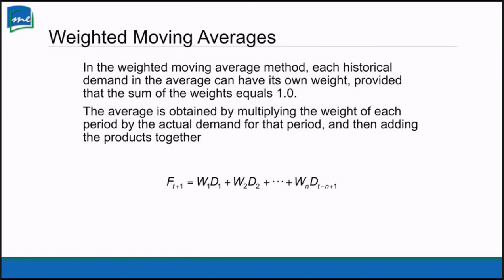We have different weights for the different periods we considered. We use W to represent the weights for each time period, and W1 represents the weight for the most recent period.